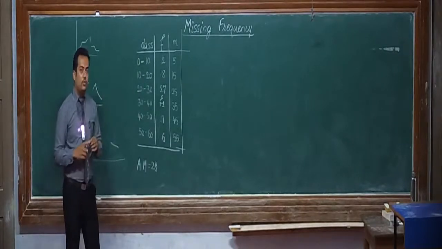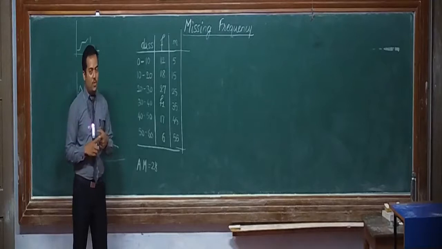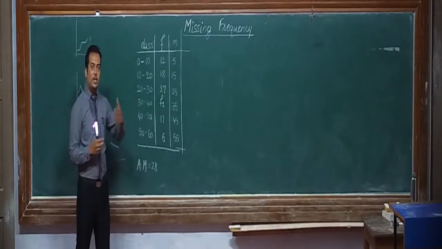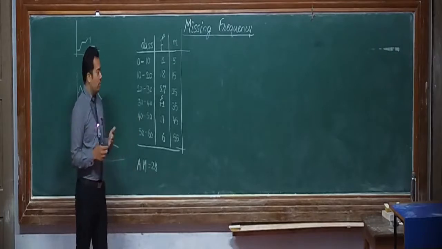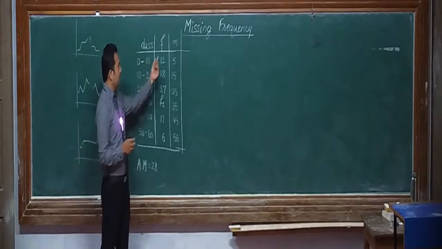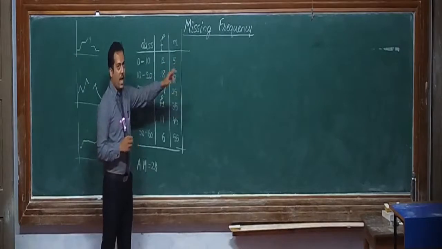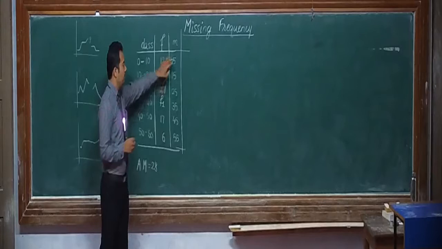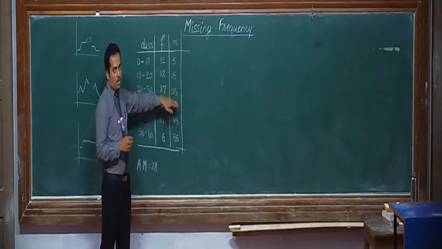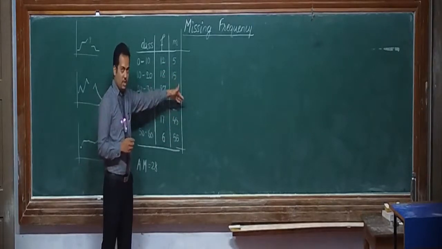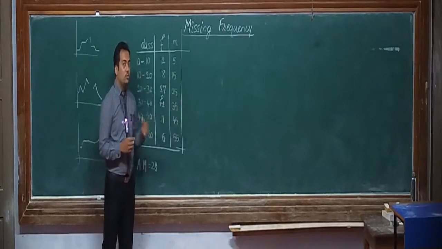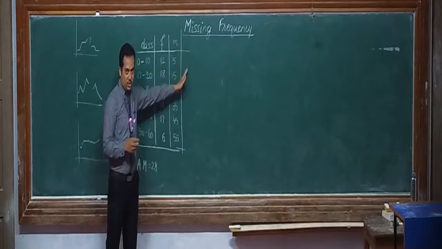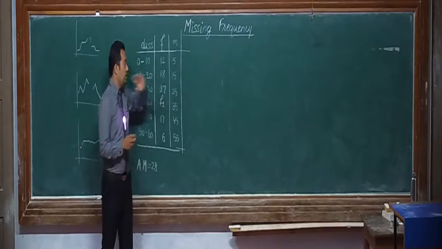Okay, so now there are two ways to find the arithmetic mean. One is by using the assumed mean method, and another by using the normal method. If you go for the normal method, you can directly multiply f into m. And if you go for the assumed mean method, we will assume one value from the midpoints as the mean, and then we'll find the deviations, and we divide the deviations by the class width.